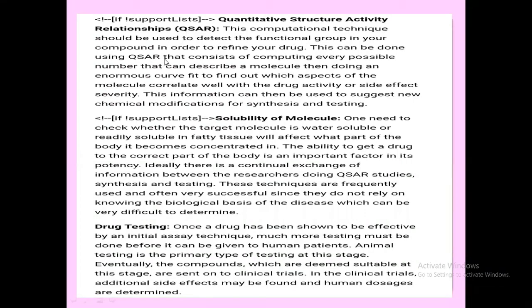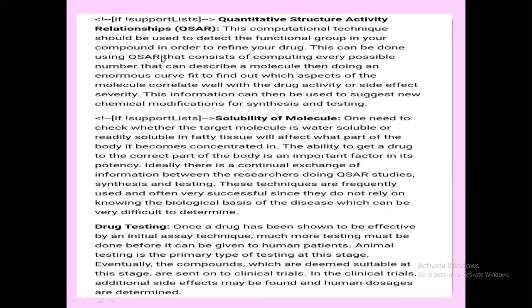It can be done using QSAR, which consists of computing every possible number that can describe a molecule, then doing an enormous curve fit to find out which aspects of the molecule correlate well with the drug activity or side effect severity.